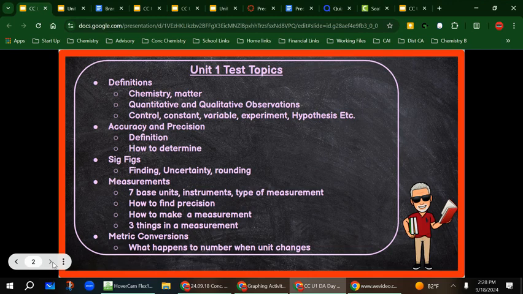Correct. So how would a 2 be uncertain? Well, because this measurement was between 300 and 400, so you called it 320. So normally the uncertain digit is the last digit.